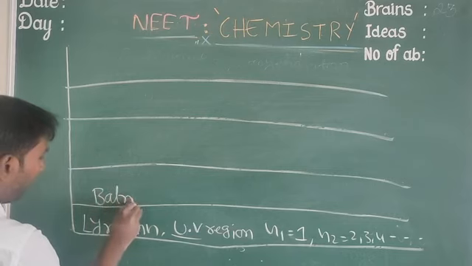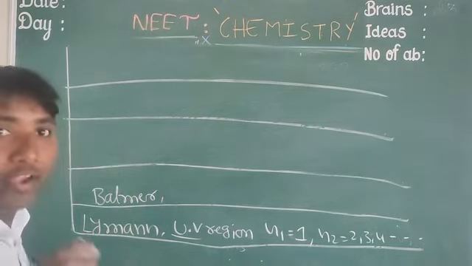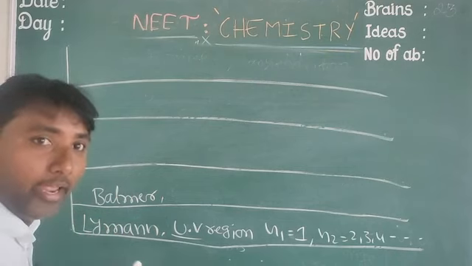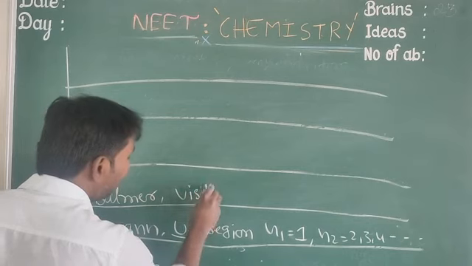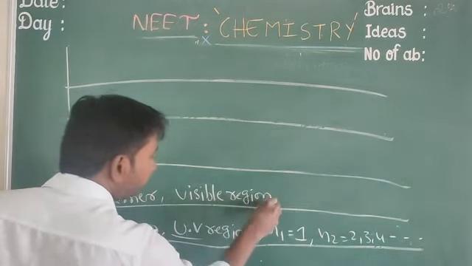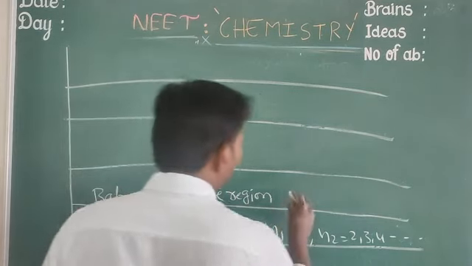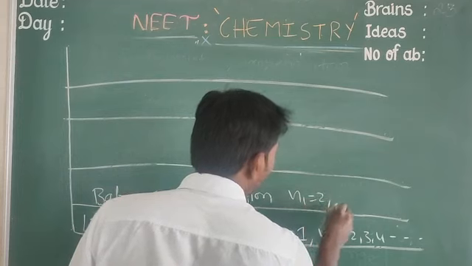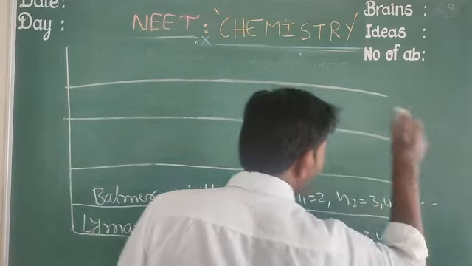Balmer. It is visible in the visible region, n1 equal to 2, n2 equal to 3, 4, 5, and so on.